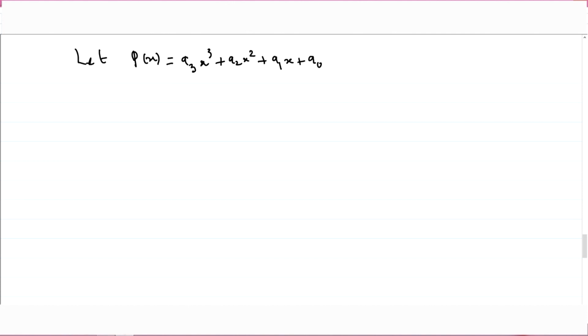Then if I take a large positive alpha, we see that p(alpha) has the same sign as a3, because the x cubed term will dominate.